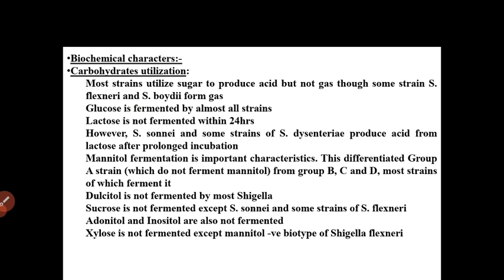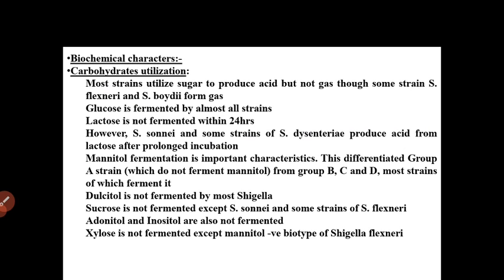Understood? Mannitol fermentation is an important characteristic. This differentiates group A strains, which do not ferment mannitol, and groups B, C, D, most strains of which ferment it. Understood? Dulcitol is not fermented by most Shigella.